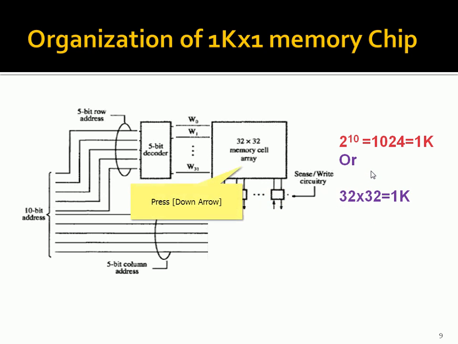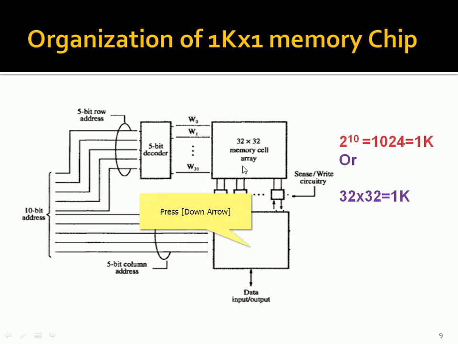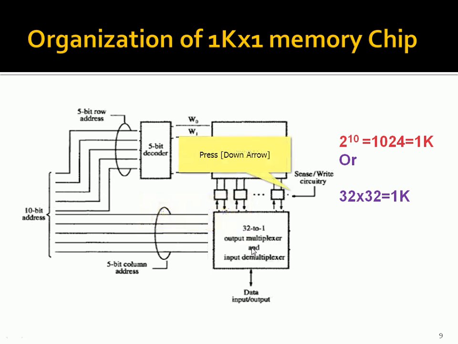There is an additional circuit we have discussed, that is the sense or write circuit. That will trigger the memory cell to store or bring out data, right? There are data input and output, and there will be a 32 to 1 multiplexer. Because this is 1K into 1, there will be 1 output.